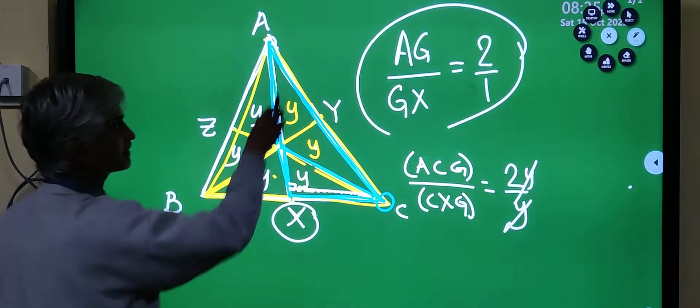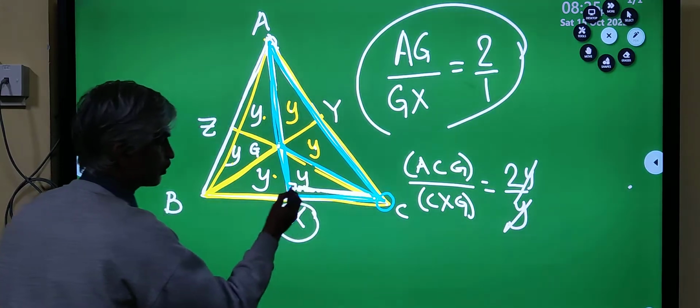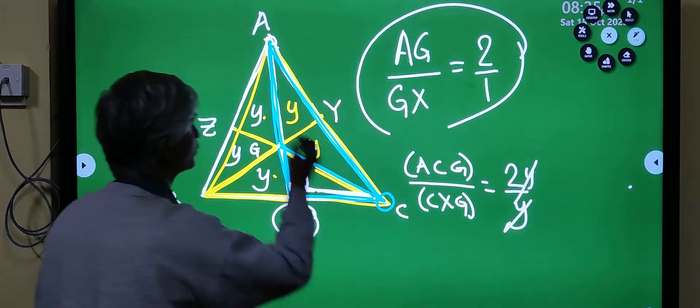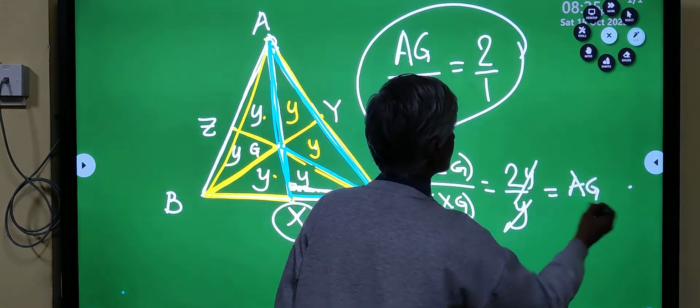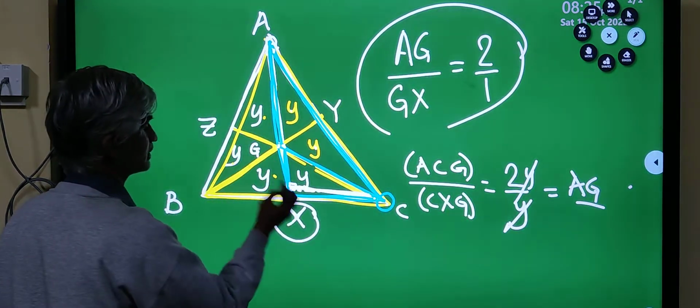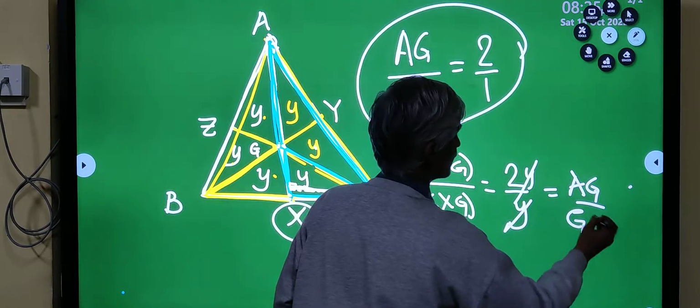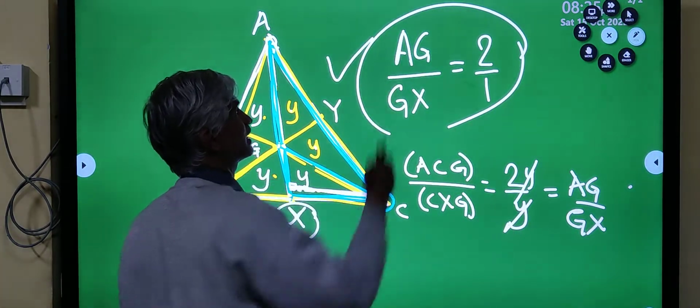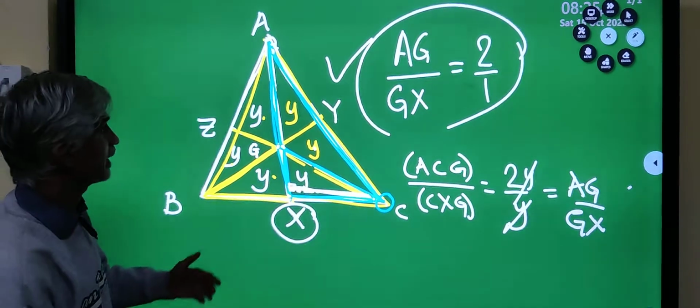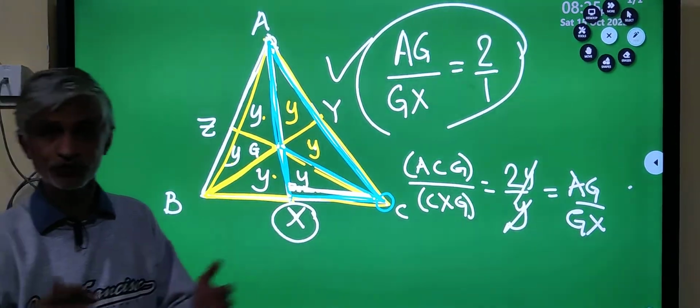But then again, by the method of areas, because of the common height, this ratio is actually equal to AG divided by GX, and we have proved the important relationship, that is the centroid divides the median in the ratio of 2:1.